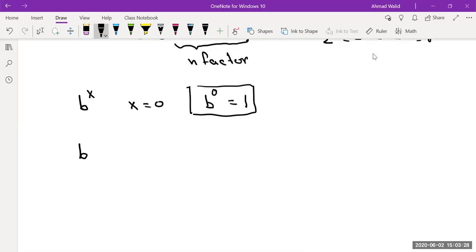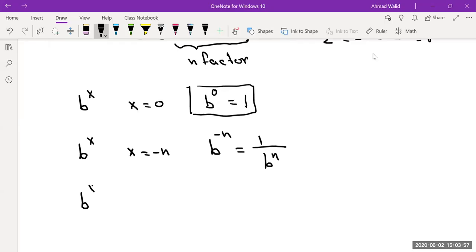Now, if you have again b to the power of x, and your x equals negative n, you end up with b to the power of negative n, and from algebra you know that we can change a negative exponent by sending it to the denominator, which is equal to 1 over b to the power of n.